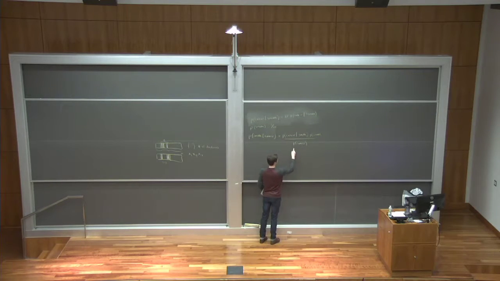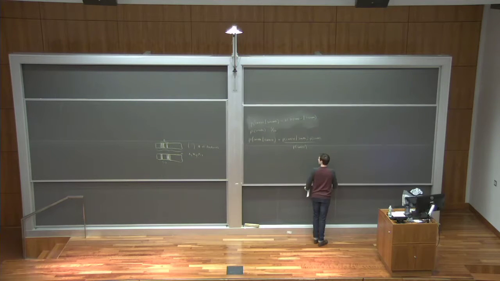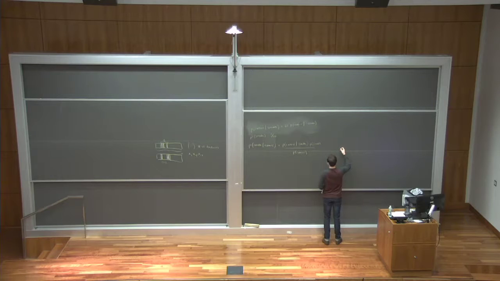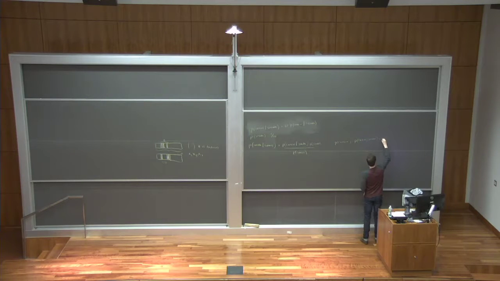Let me write over here what the probability of cancer is. We have to marginalize over whether you smoke. So it should be the probability that you have cancer and you smoke, plus the probability that you have cancer and you don't smoke.